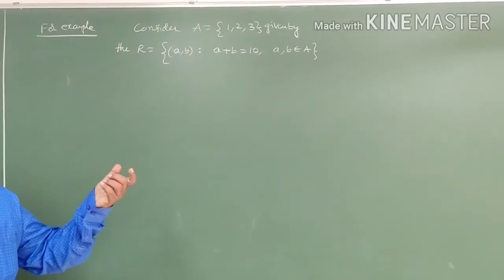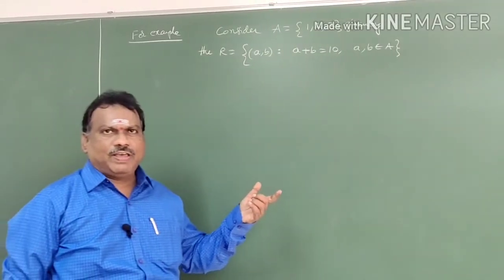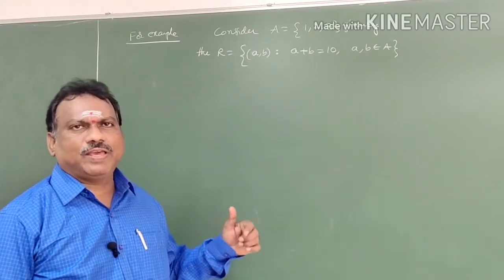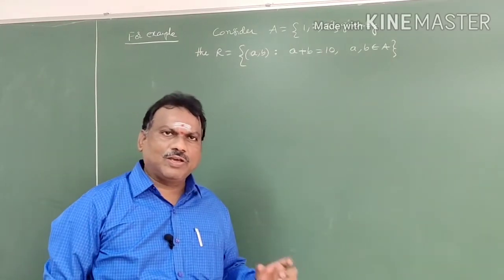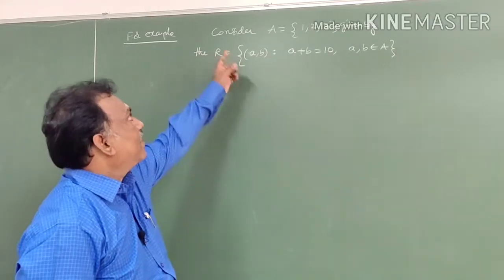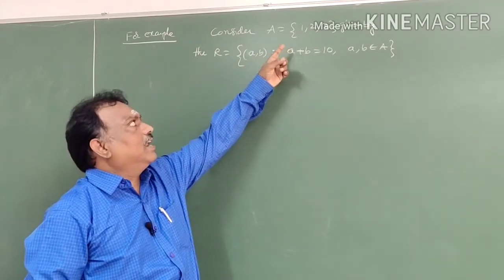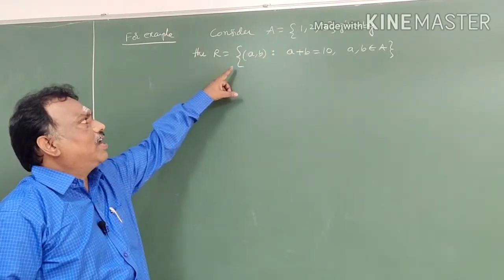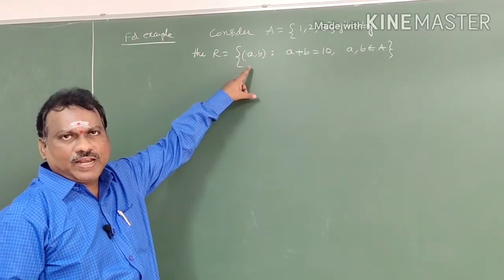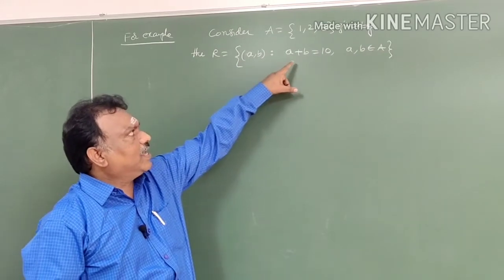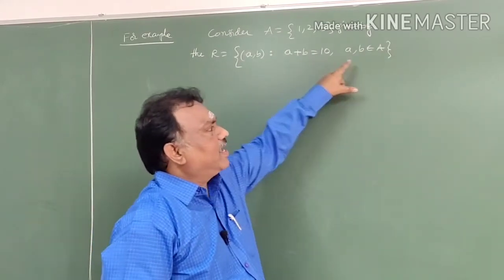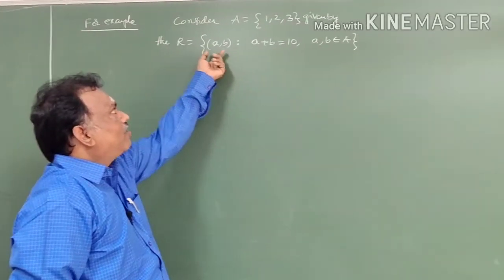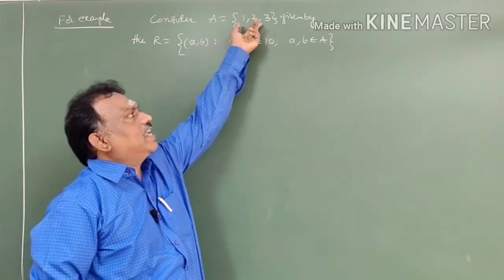One set is given. I told you already, these relations always exist on a particular set. The particular set may be A or B or C, but they will give only one set. So now we are given that one set A, whose elements are 1, 2, 3. One relation is given. Relation R is equal to the set of ordered pairs (a, b) such that a plus b is equal to 10, a, b belongs to A. What does it mean? You have to pick a, b values from the set A.